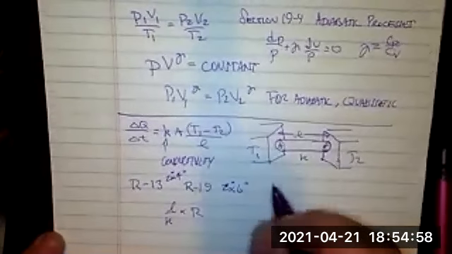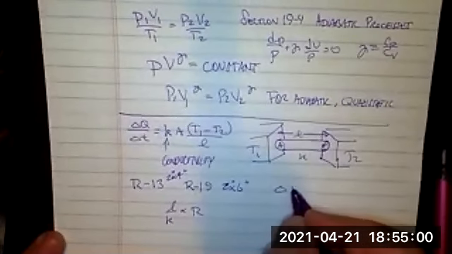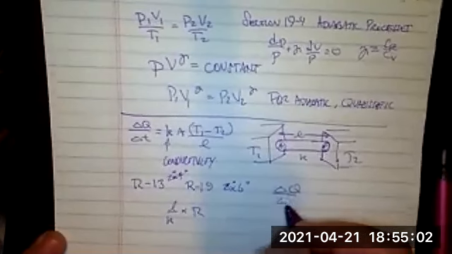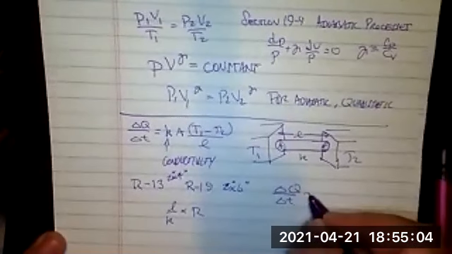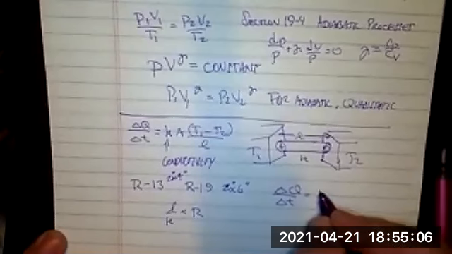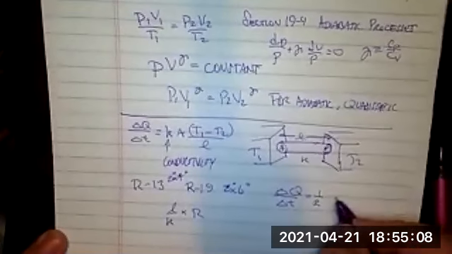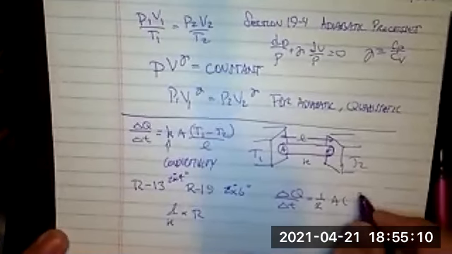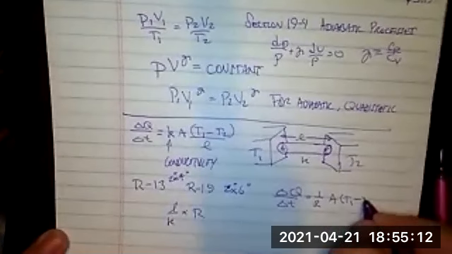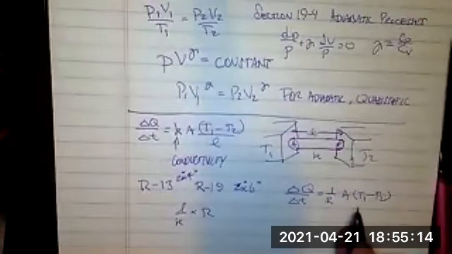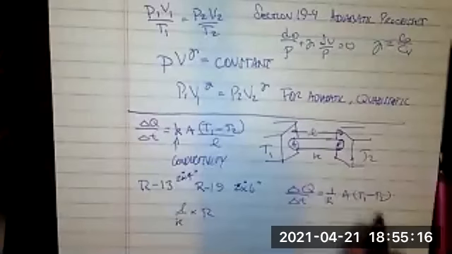So if you look at this equation in terms of R value, you'd say delta Q over delta T is equal to 1 over R times A times (T1 minus T2). So that's the difference, and doing that allows you to combine insulations a little better.